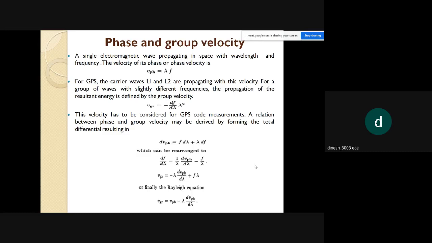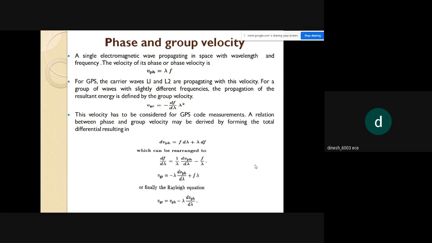When you substitute that, lambda divided by lambda square divided by lambda, we get lambda. So minus will remain as it is. So remaining will be dVPH divided by d lambda plus f by lambda into lambda square. So lambda and lambda will be moving out. So we get plus f lambda.